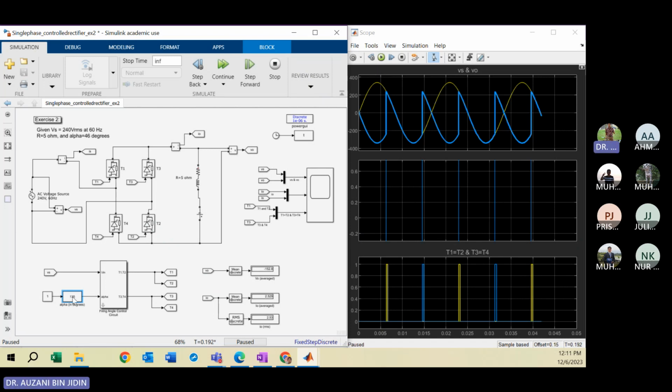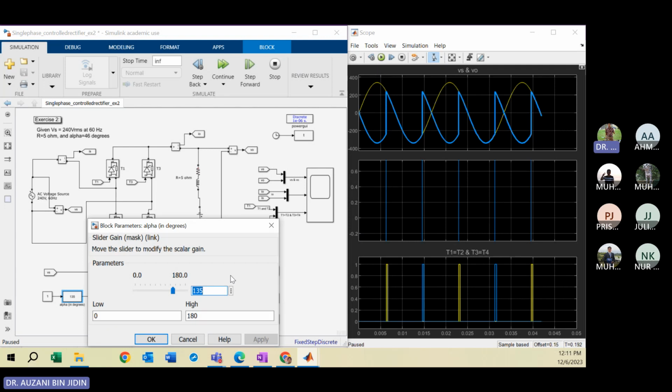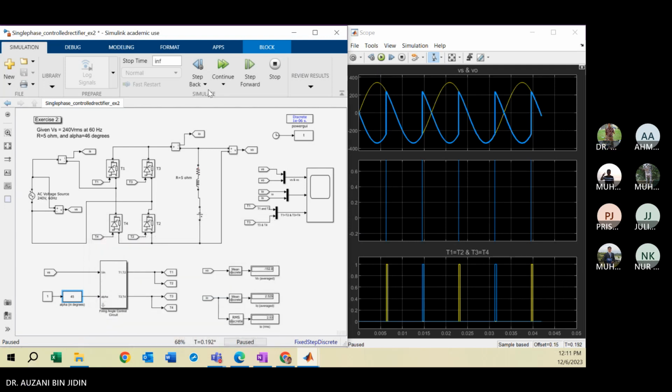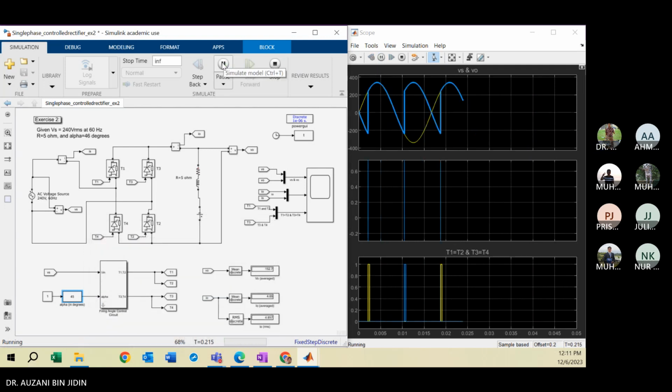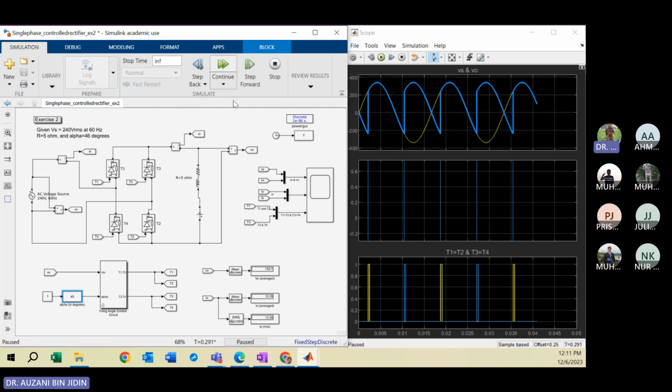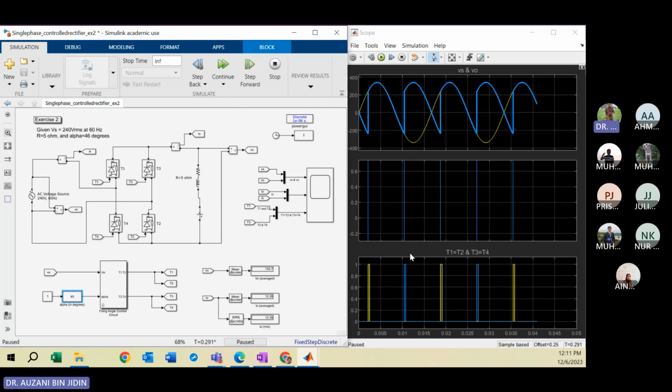If you set your angle to 45, now you can see the positive area will be larger, because the output voltage above the time axis is now larger compared to the area below the time axis.